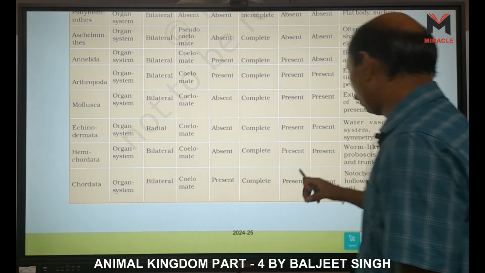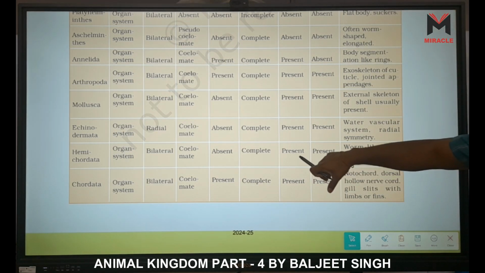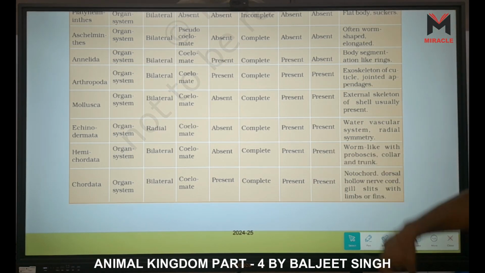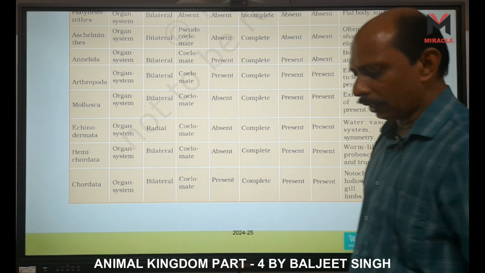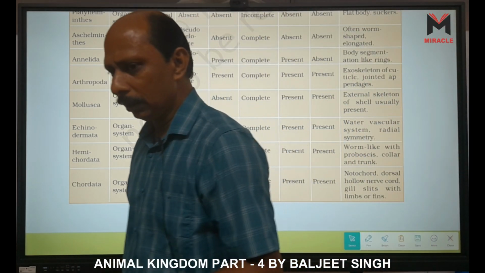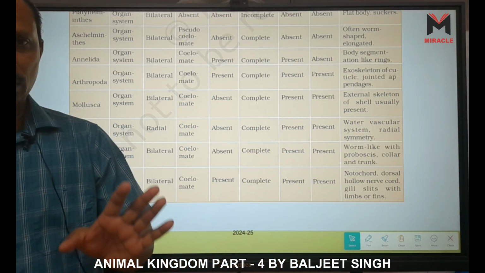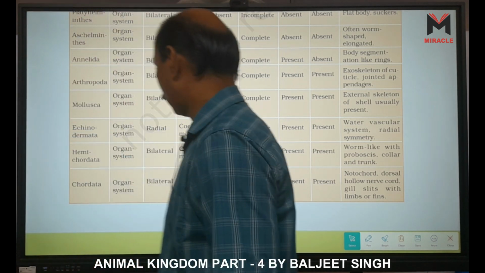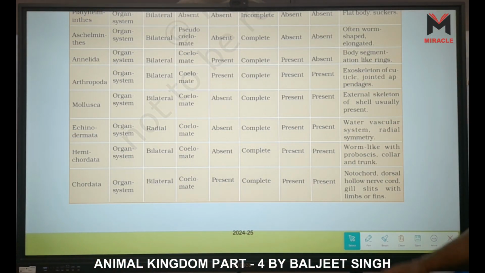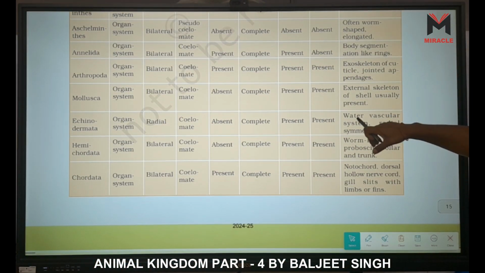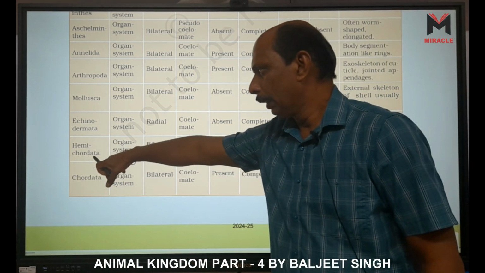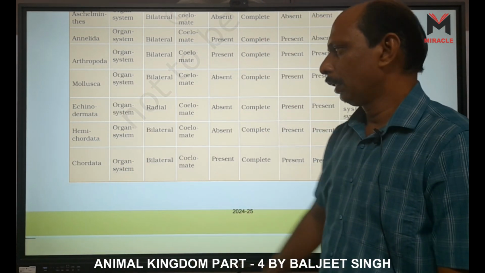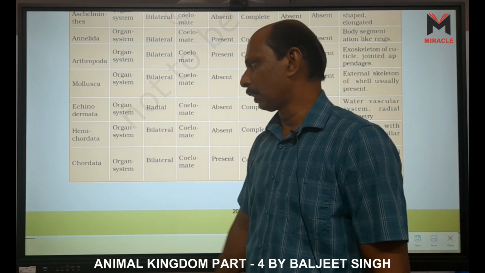Circulatory and respiratory systems are present, but they are in the form of a water vascular system, right? Ambulacral system. The water vascular system and radial symmetry are the main important points. Echinoderm means spiny skin. Echinus means spiny, dermata means skin.